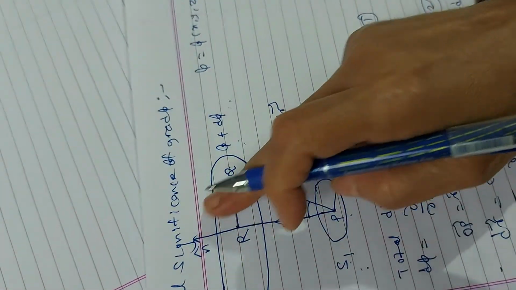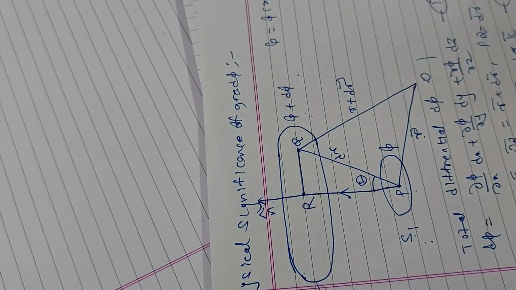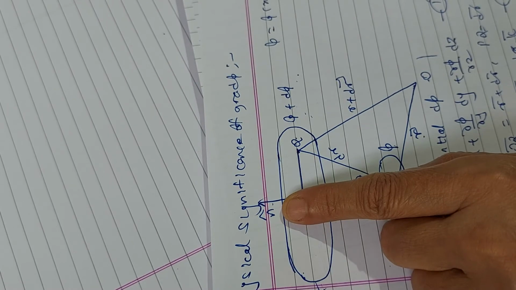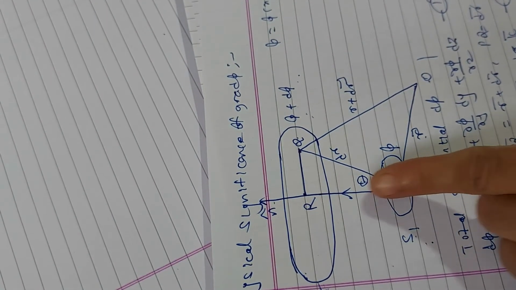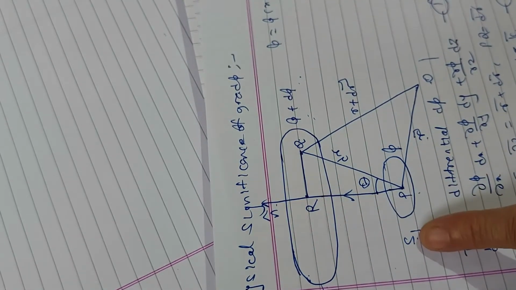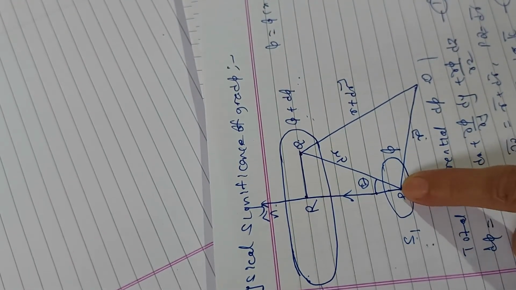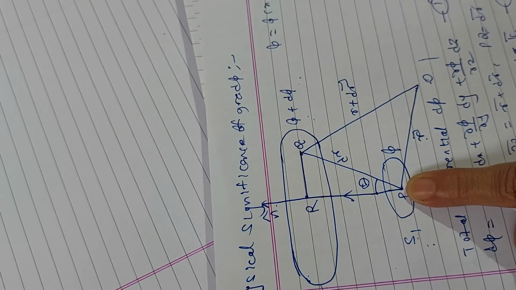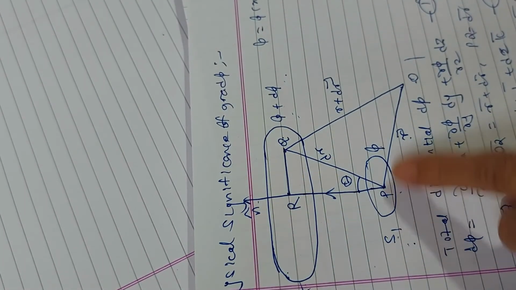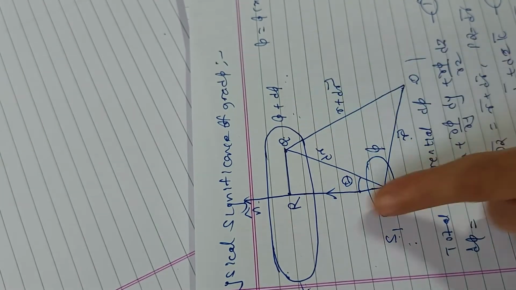Now we showed one more vector called n cap. What is n cap basically? N cap is a unit vector normal to the level surface S1. I took a straight vector over here, normal to S1 at point P. Correct? This unit vector is in the direction in which phi is increasing, because this was phi, but this is phi plus d phi. Correct?